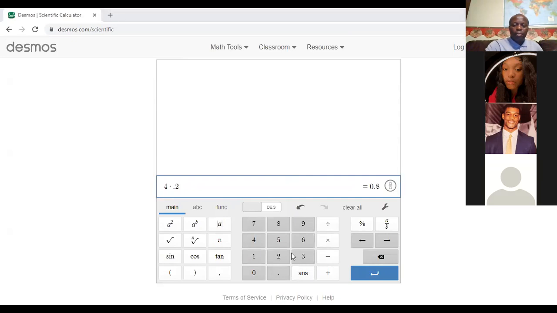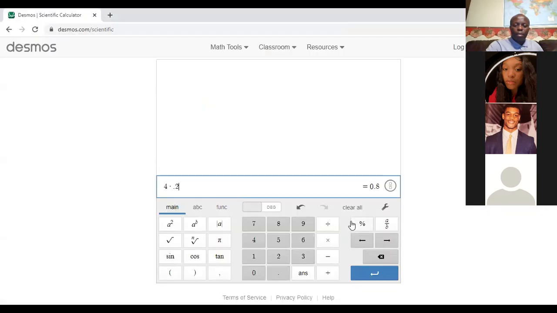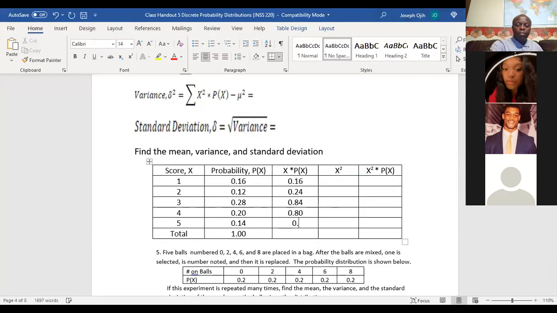Then the last one is 5 times 0.14, which is 0.7.